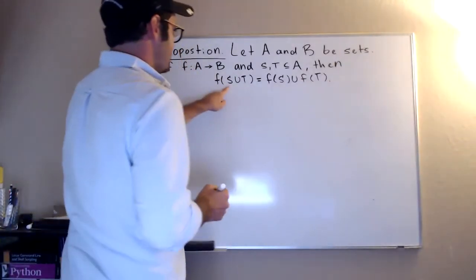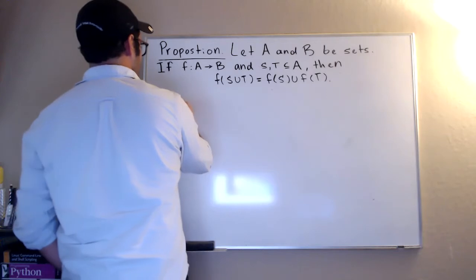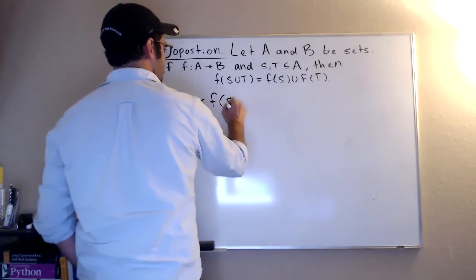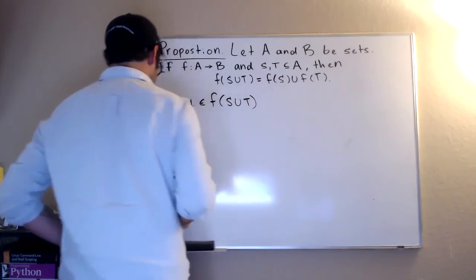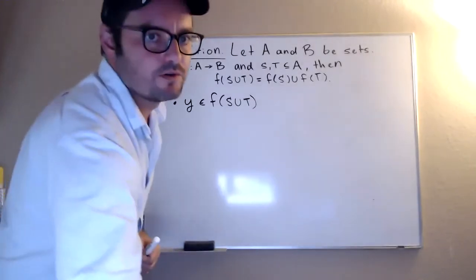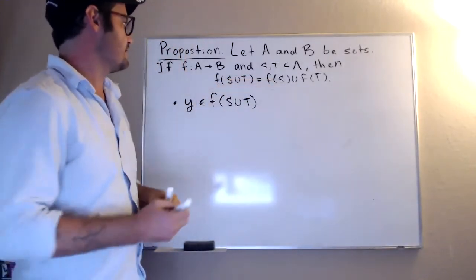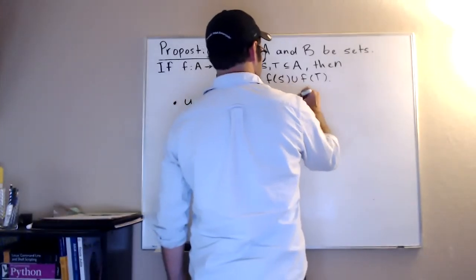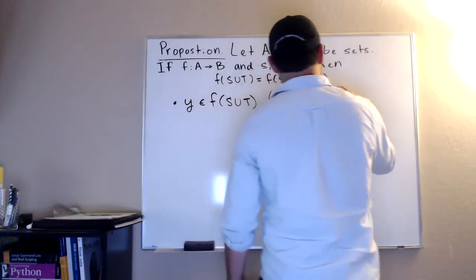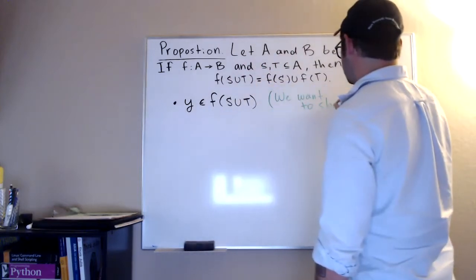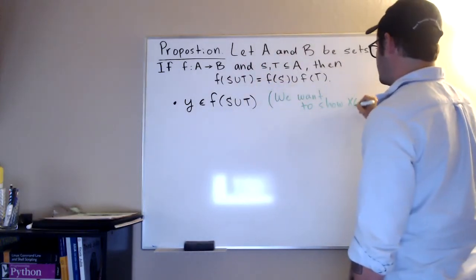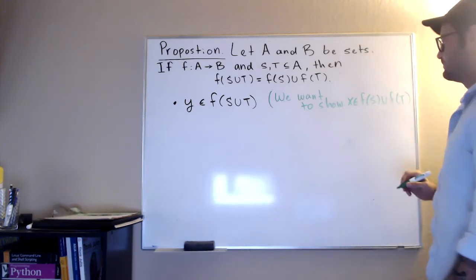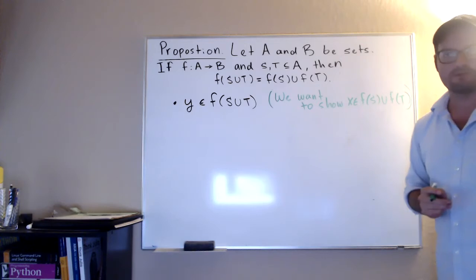I'm going to start with picking something in there. Let y be an element of this thing. In order to show that this is a subset of that, my goal is to show that y is an element of that union. That's what we want to show.